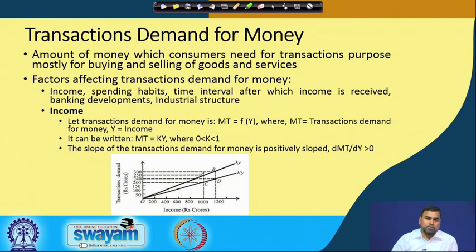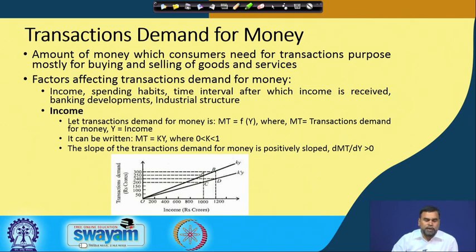So, the transaction motive is the prime motive for individuals or the household sector, because they want money for their day to day life. They try to buy commodities, they try to sell commodities, and because of that they have a motive to demand money or hold money with them.